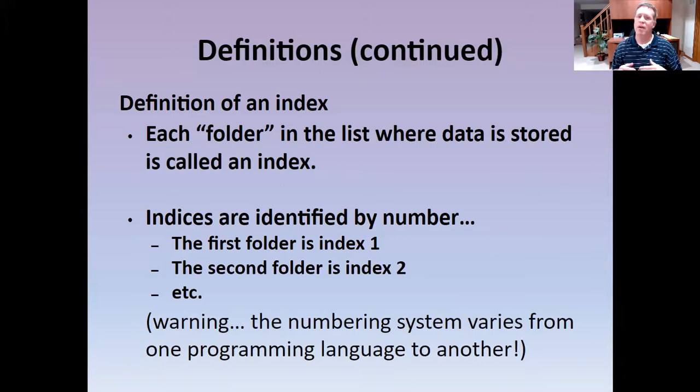And we're going to see that when we study VEX and when we study Python, they number their indices slightly differently. And there's a reason why they do it the way they do it. But just be ready when we get there, we're going to have to make a little tweak. Okay. But for now, it's very intuitive. Slot number 1 is index number 1. Slot number 2 is index number 2, and so on and so forth.